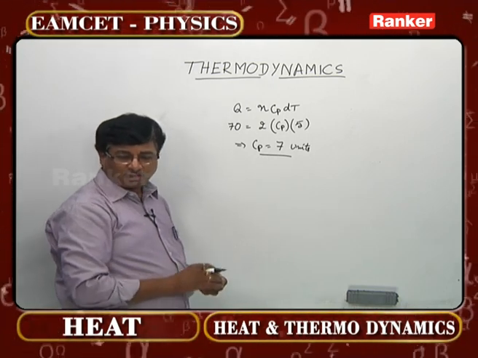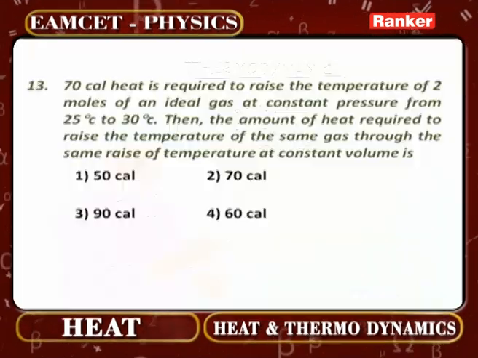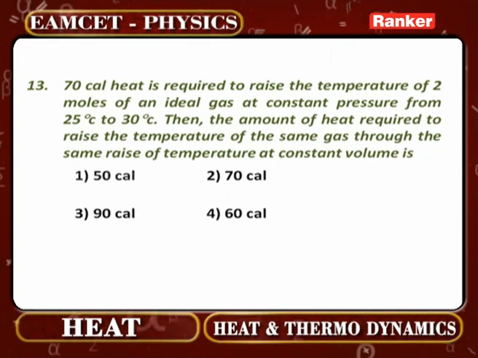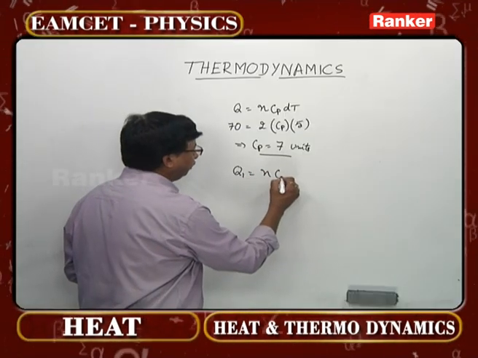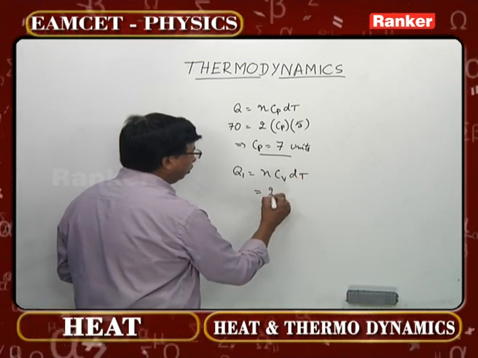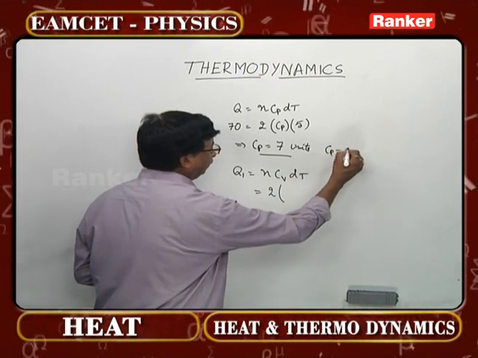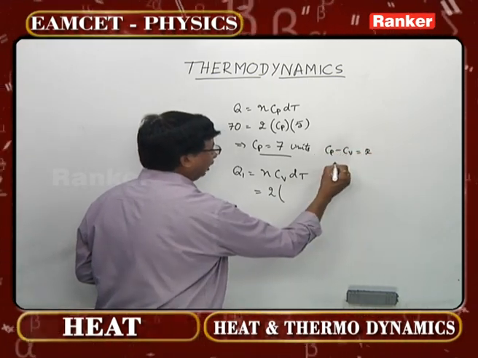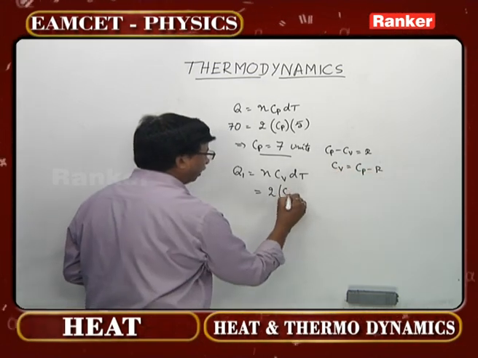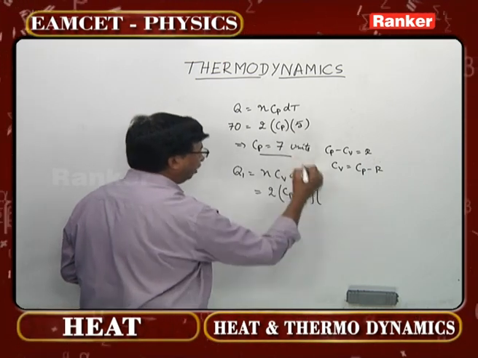What is the question that is asked? Amount of heat required to raise the temperature of the same gas through the same rise of temperature at constant volume. That means Q1 I just want, which is nCv dT now. But n will be once again 2 only. How to write Cv now? Cp minus Cv is equal to R. Then automatically Cv can be written as Cp minus R. I write Cp minus R into delta T, which will be the same as before.